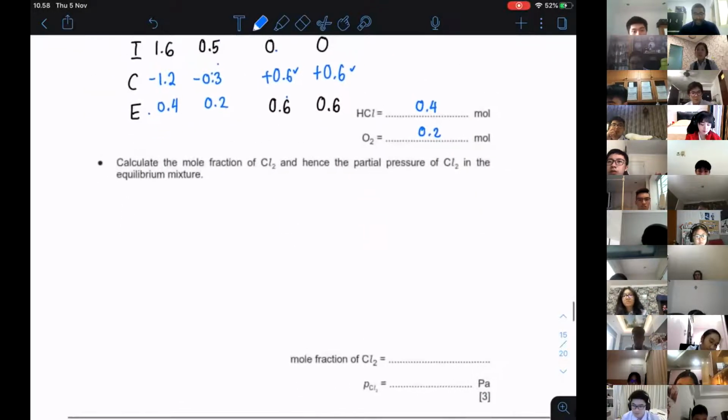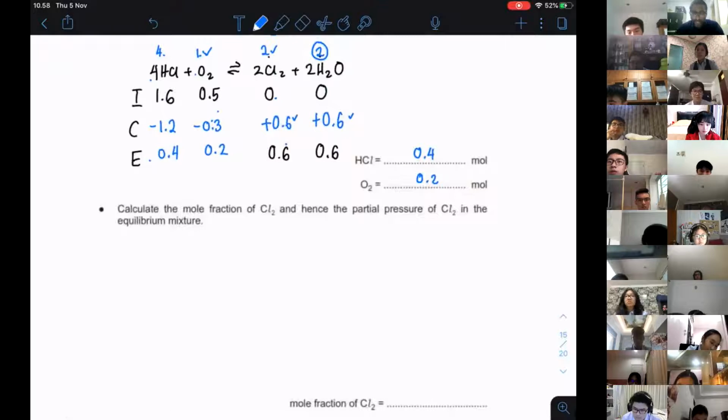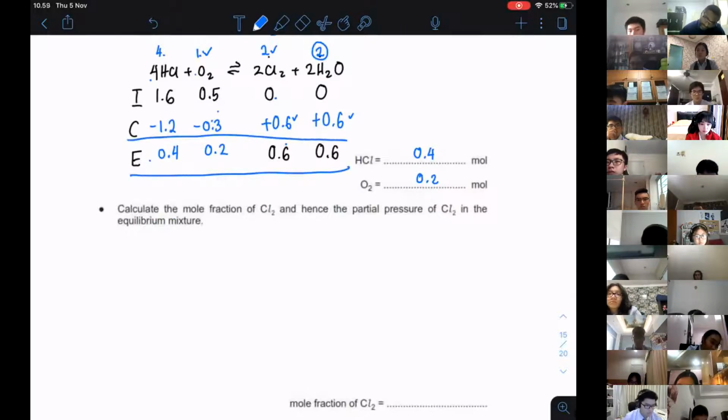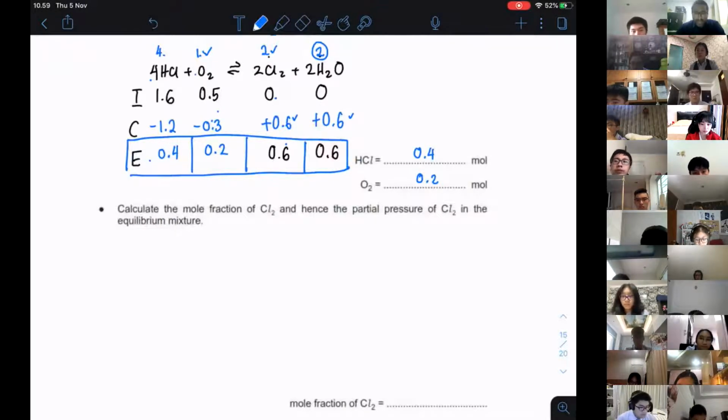Next. Calculate the mole fraction of Cl2. The moment you see mole fraction, do remember these are the heroes of the story. We don't bother about others. Sir, how did it go from 1.2 to 0.4? 1.6 minus 1.2.